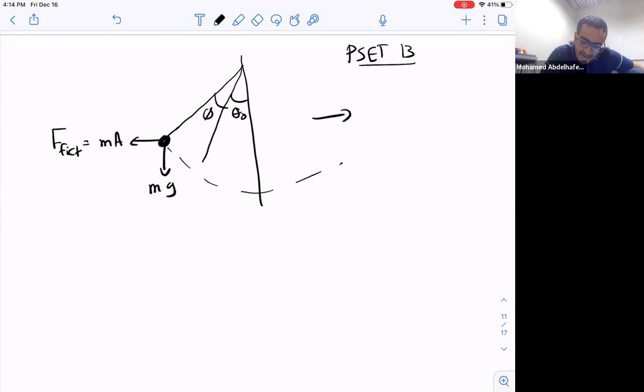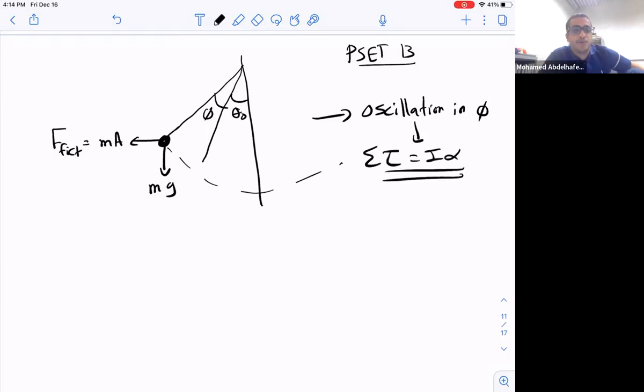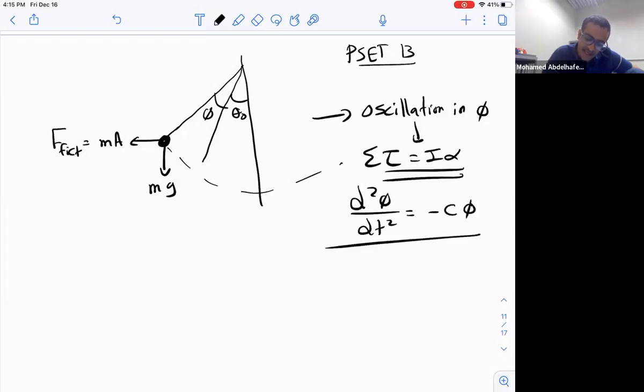Since this is an oscillation in the angle phi here, you should write down torque equals I alpha. That's your approach. Simple harmonic motion means dynamics. If it's linear, you write F equals MA. If it's an angular thing, you write torque equals I alpha, and hope that this works. That's how we show that this works.